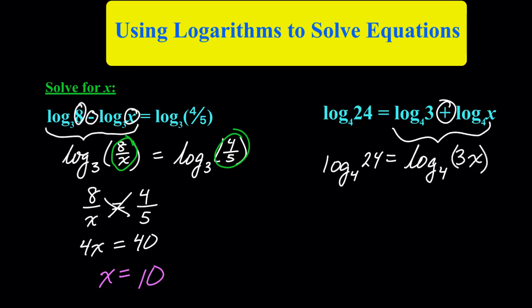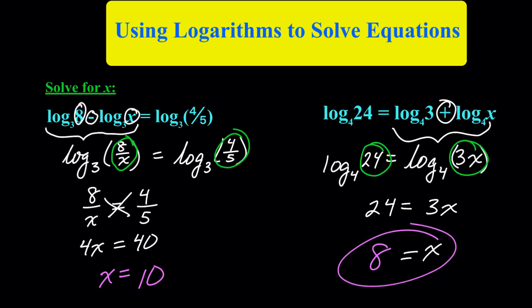All right, so what we see here is log base 4 of something equals log base 4 of something, and that means these two somethings have to be equal to each other. So that gives us our equation. 24 is equal to 3x, which means x is equal to 8.